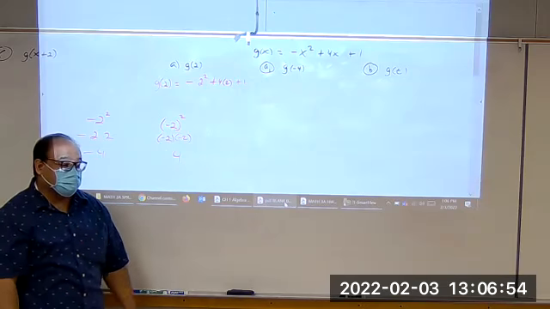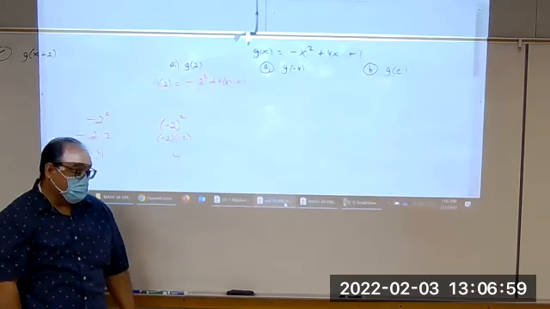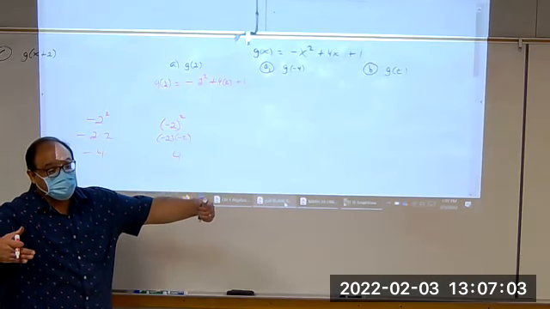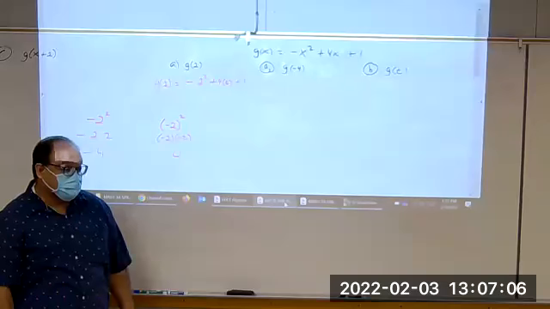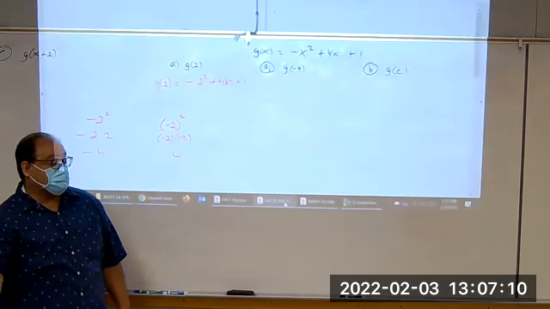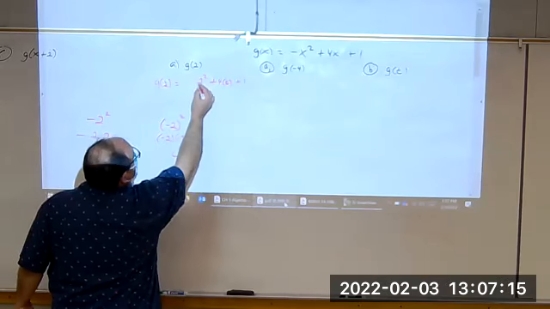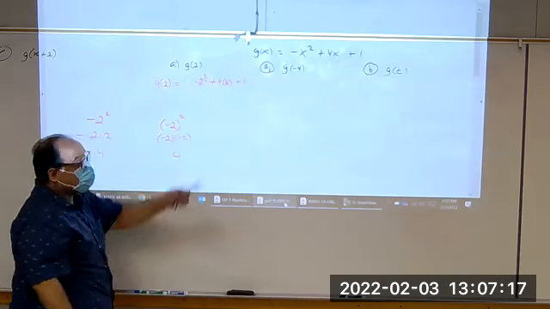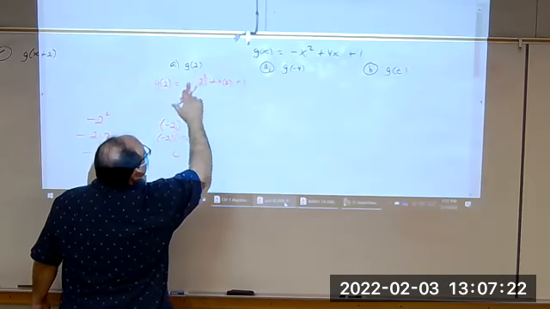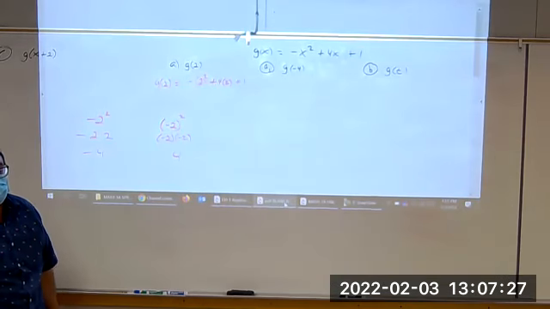Negatives mean parentheses. It's not going to hurt anything if you put it on a positive. But make sure you don't put the negative inside, because that negative is not in there. So it would be a negative and then the square of positive 2, keeping the negative out front.